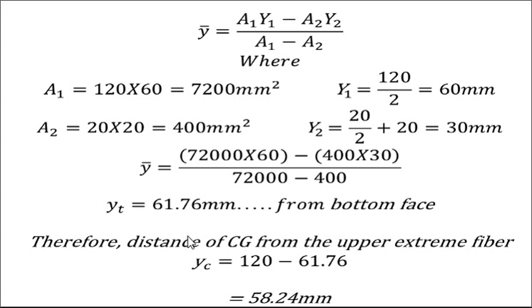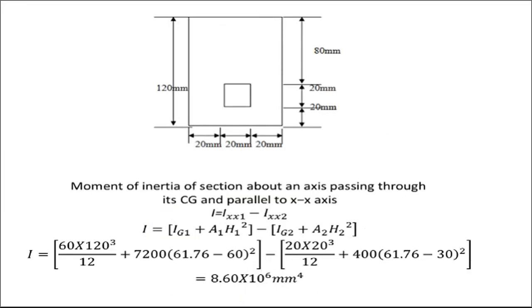Make it clear: we measure all the distances y1 from the bottom face, that's why this is yt. Below the neutral axis tensile stresses are developed, or the tension zone is there, that's why this is yt. And above the neutral axis there is yc. So if you subtract yt from the total height, we get yc.